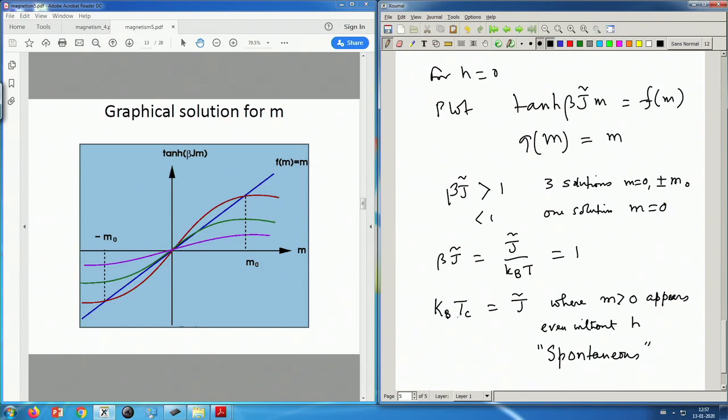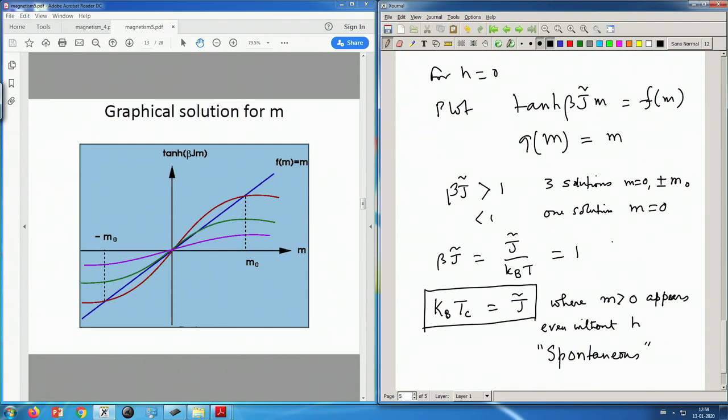Here, depending on what temperature you are at, there is a temperature given by T_c at which you have a non-zero m solution which is stable and has a lower energy. This is the so-called critical point, a finite temperature point where you generate a spontaneous magnetization. As you increase the temperature from below, the magnetization slowly decreases.